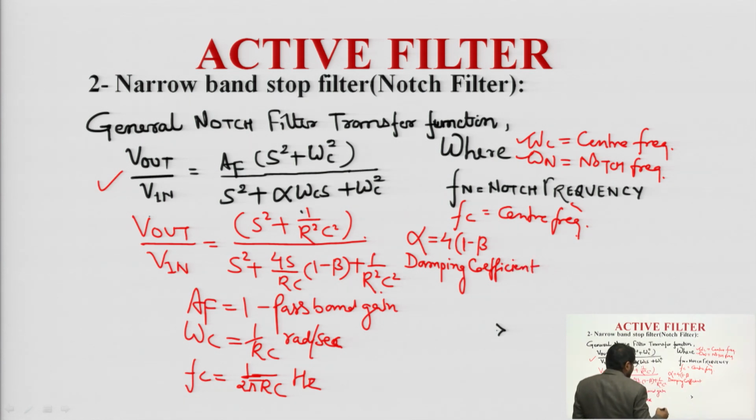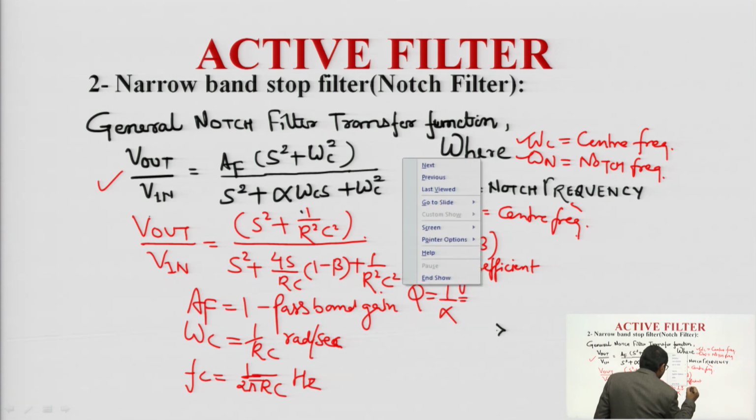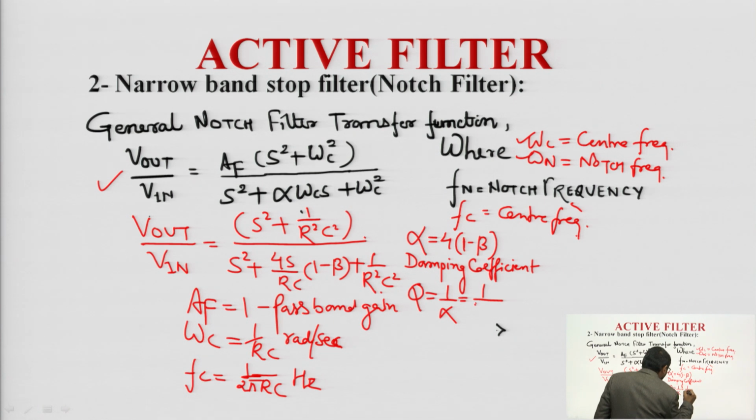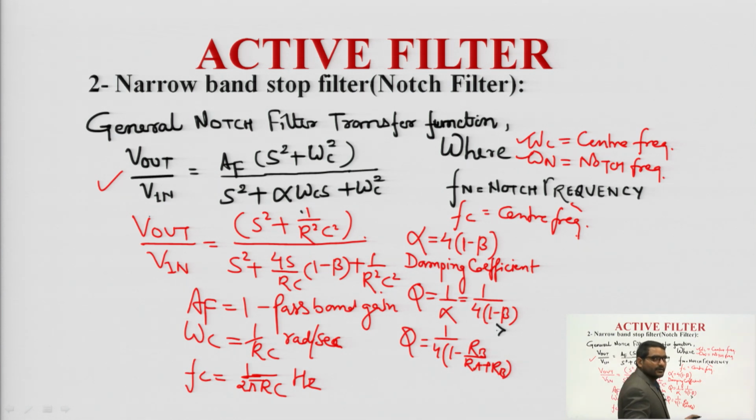Alpha is a damping coefficient. If you consider the quality factor Q, then Q will be equal to 1 upon alpha. If you put the value of alpha here, it will become 1 upon 4 (1 minus beta), that is 1 upon 4 (1 minus Rb upon Ra plus Rb).